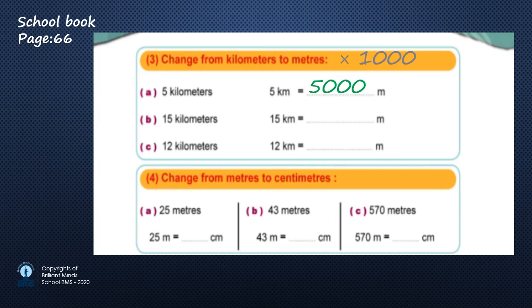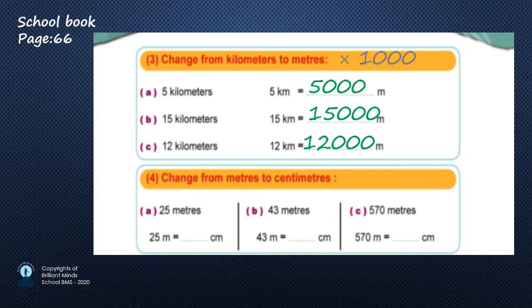We multiply by 1000, so we drop 3 zeros, multiply 15 times 1 equals 15. So the answer, 15,000. Number C, 12 kilometers. Multiply by 1000, which means drop 3 zeros, multiply 12 times 1 equals 12. So the answer, 12,000 meters.